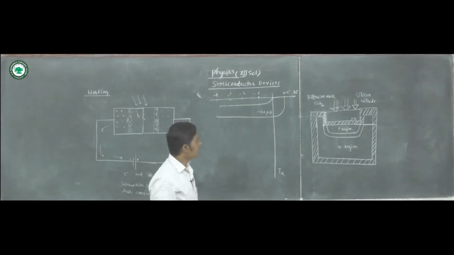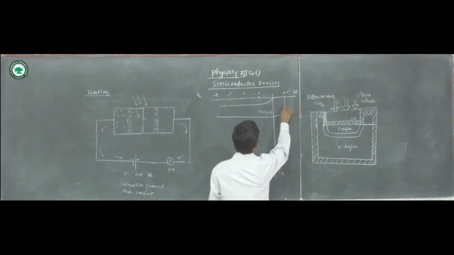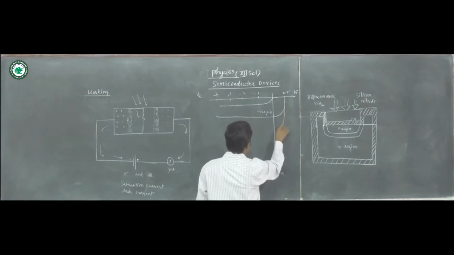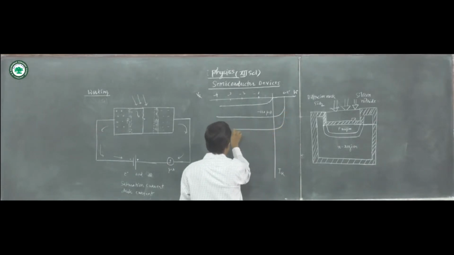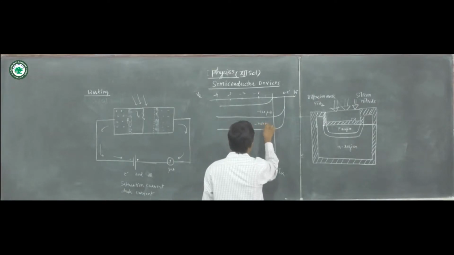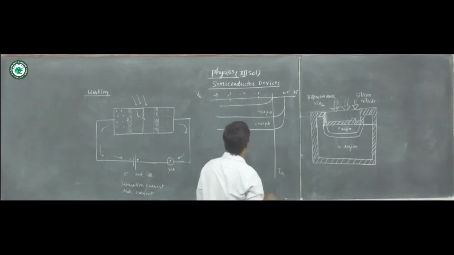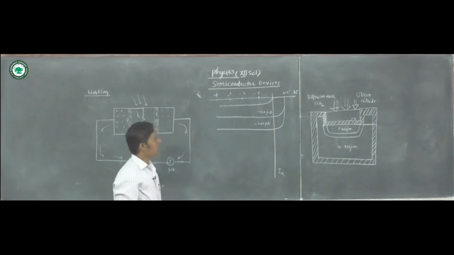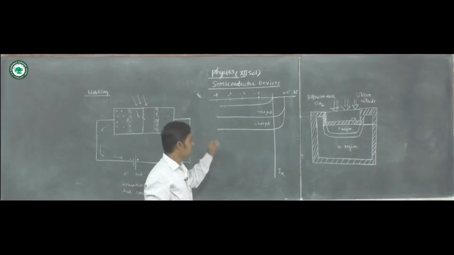If the light intensity increases, then again this current is constant for the different values of the reverse voltages which are applied to the photodiode.